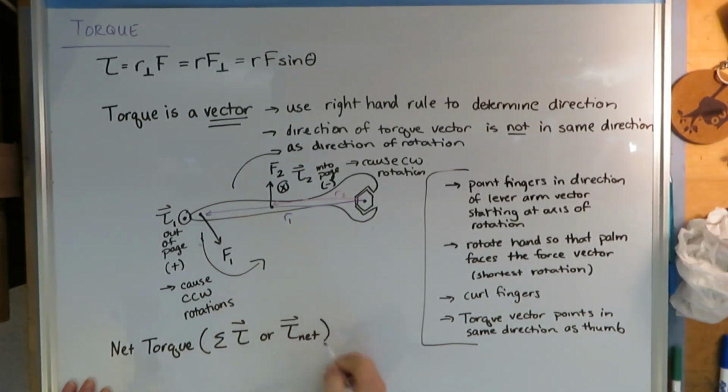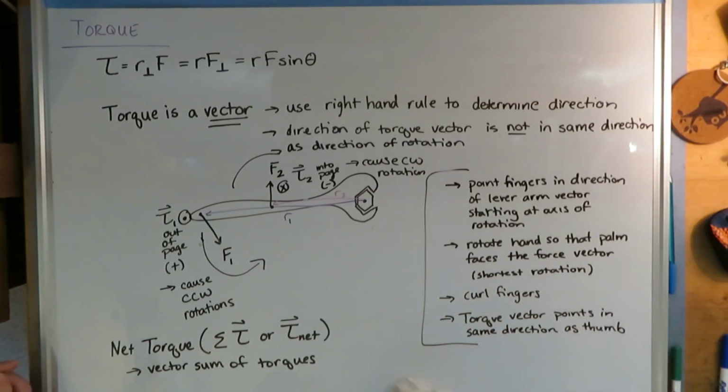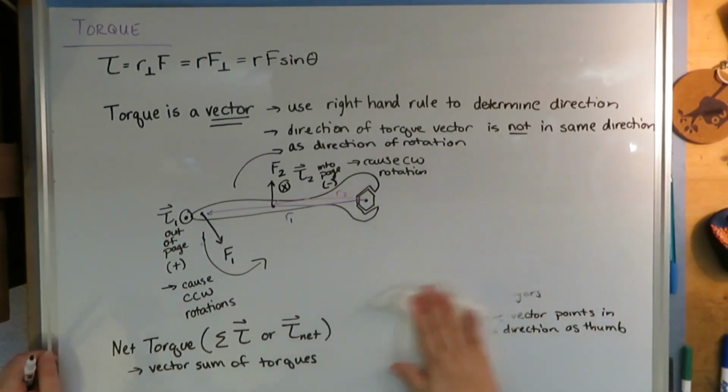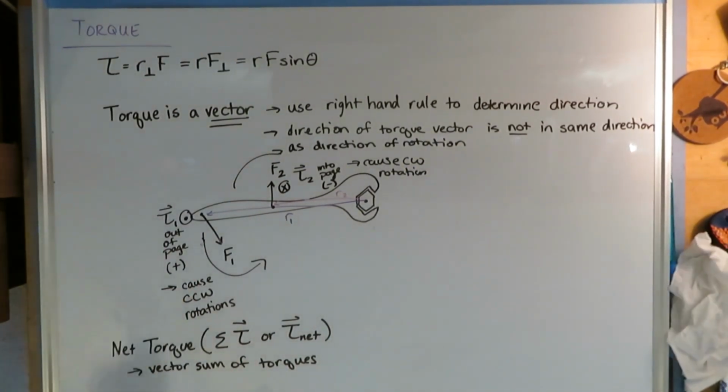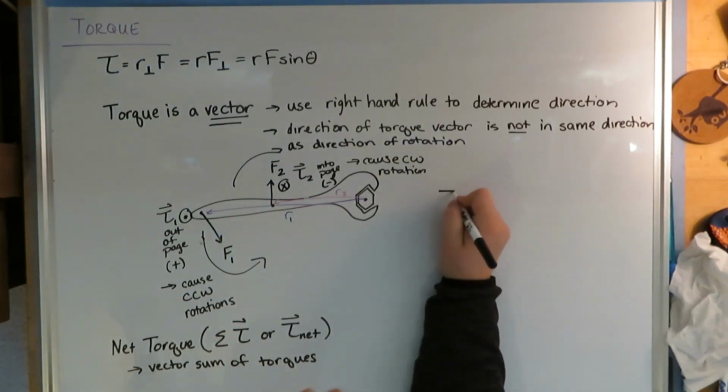Either way, it is the vector sum of all of the torques. So just like you could write a net force equation, you can write a net torque equation. So we can actually do that for this guy.